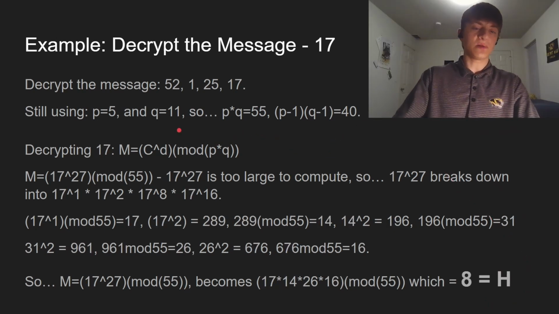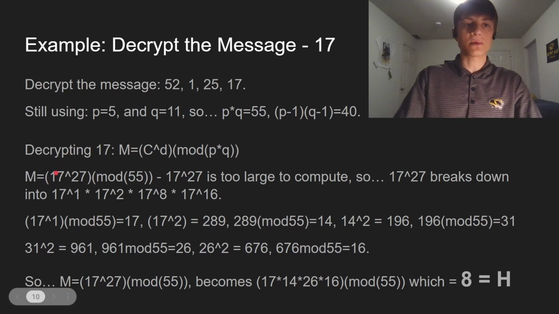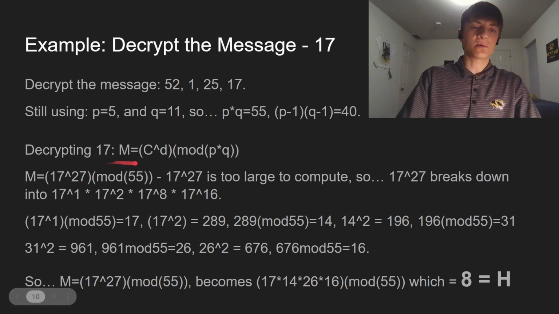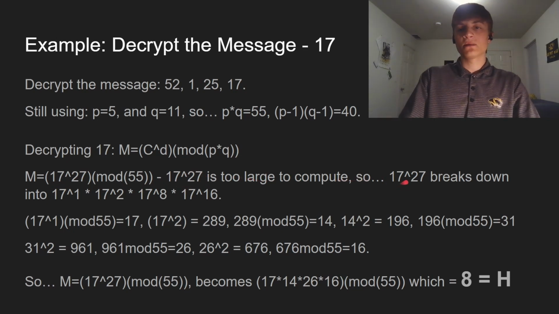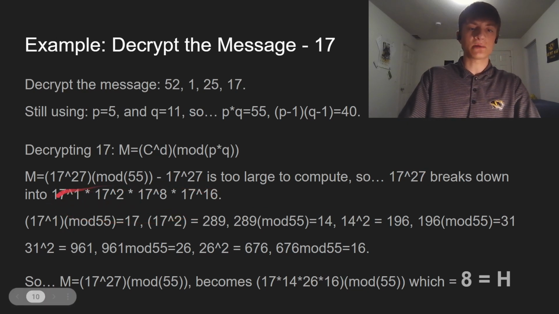The last one is similar to those of the M and T. So 17 is our ciphertext that we're decrypting. And again, 17 to the 27th power is much too large for your standard calculator or to do by hand. So we break it down into this more clever form and go through the steps. 17 mod 55 is 17 again.